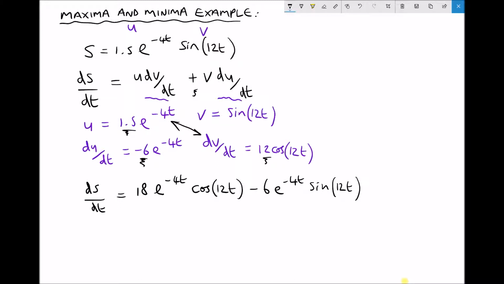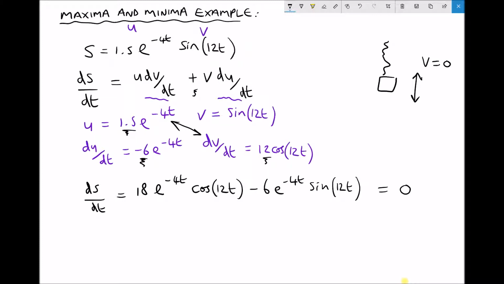Now recall that we have turning points or maximum minimum values of this function when our first order derivative equals 0. Now if we think of that in the context of a mass oscillating up and down on a spring, like so, then what we're basically saying is when the first order derivative equals 0, the velocity of that mass equals 0.